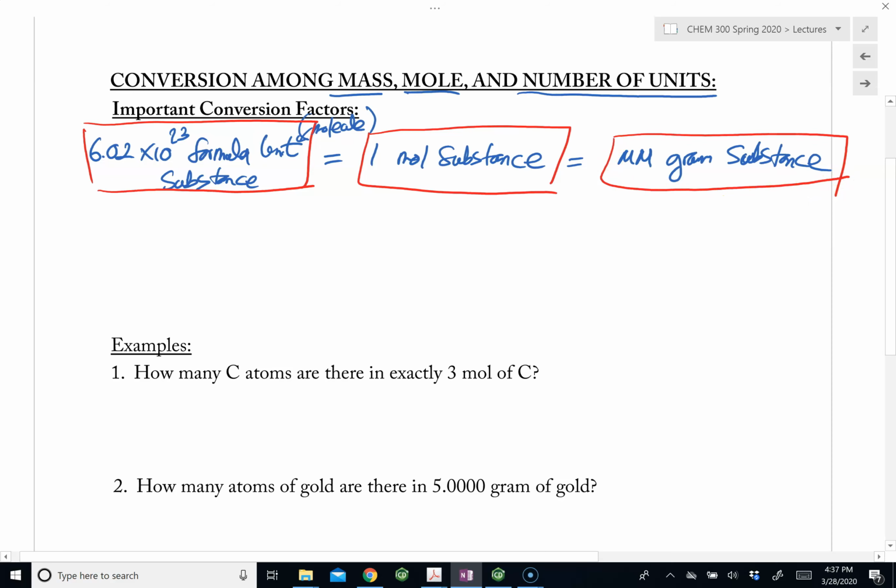Because these 3 quantities are equal to each other, we should be able to convert among them very easily. If we want to convert between formula units of a substance and moles of a substance, we will be using this relationship. And this relationship right here is known as, again, the Avogadro constant.